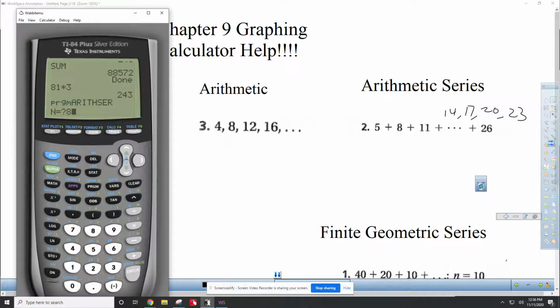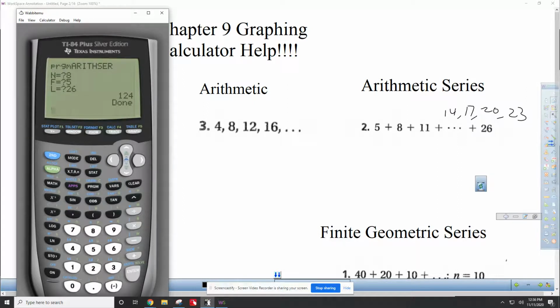So we'll type in 8. And when it's asking for f, that is just my way of programming it to ask what the first term value is. That is 5. And L stands for last term value, so we got 26. And this should indeed calculate. Yep, there it is.